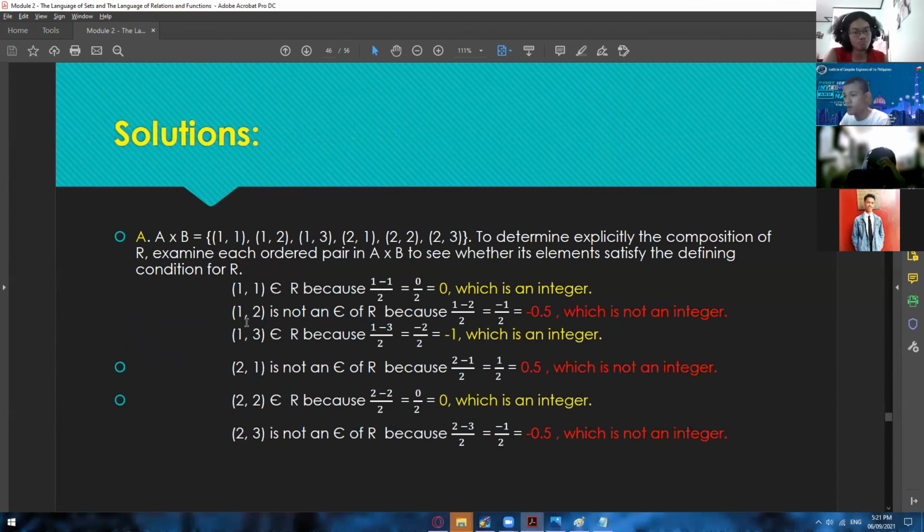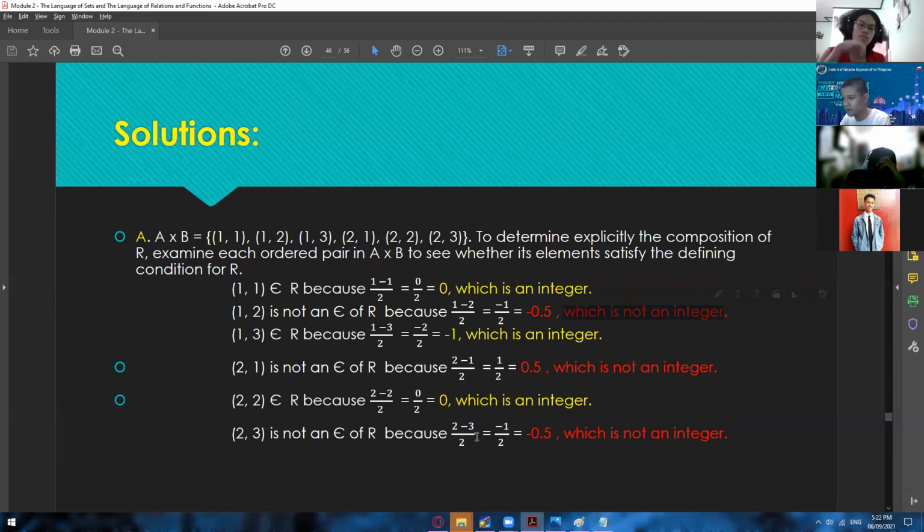So we have (1,1), (1,2), (1,3), (2,1), (2,2), (2,3), and then just substitute the values right here. 1 minus 1 divided by 2 is equal to 0 divided by 2, which is equal to 0, which is an integer. Then for (1,2), it is negative 1 divided by 2, or negative 1 half, or negative 0.5, which is not an integer.